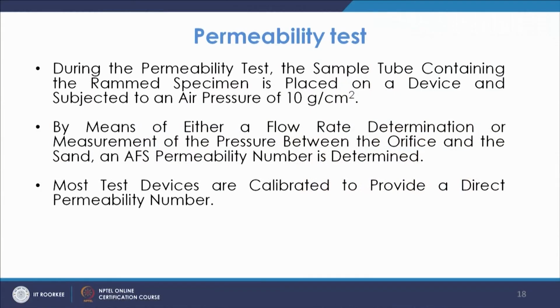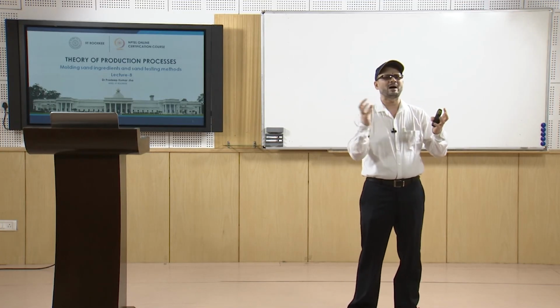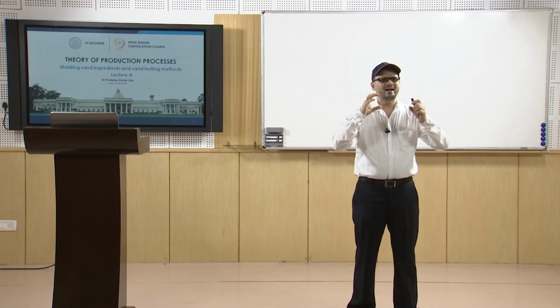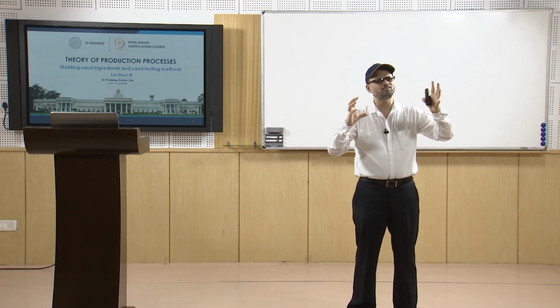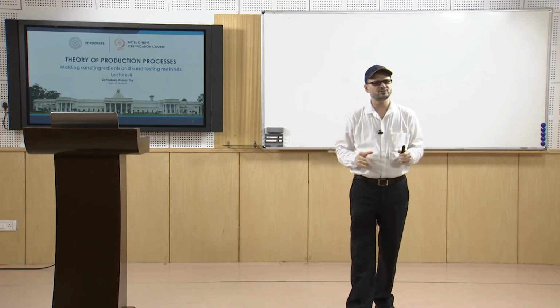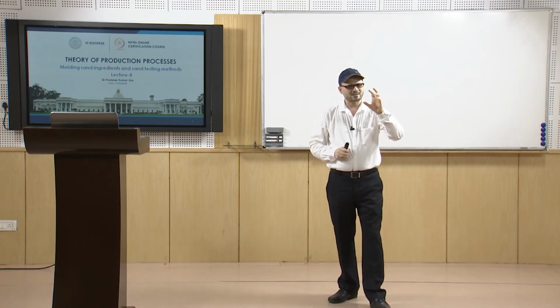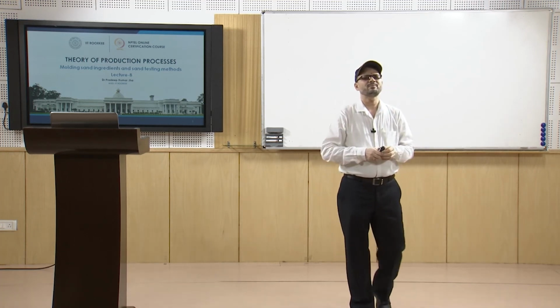The permeability test is done in an apparatus where you have the standard specimen and you allow air to pass through it. Depending upon the time it takes for the air to pass at a certain pressure, you find the permeability.